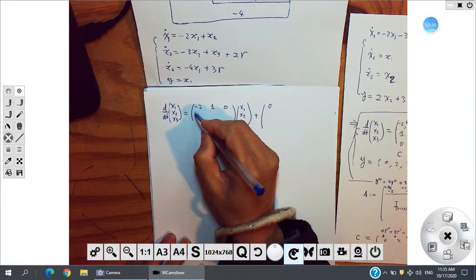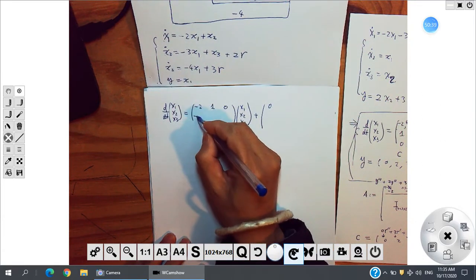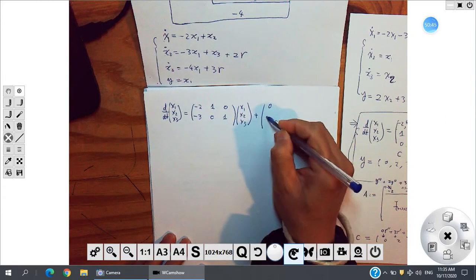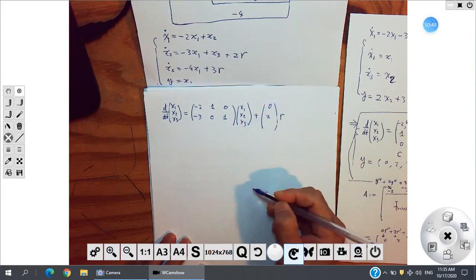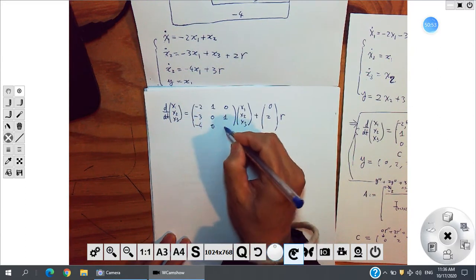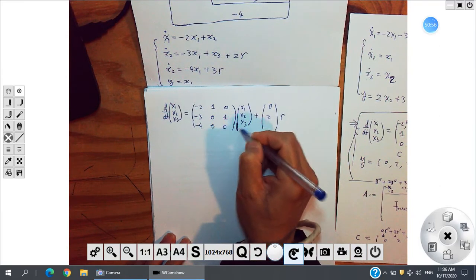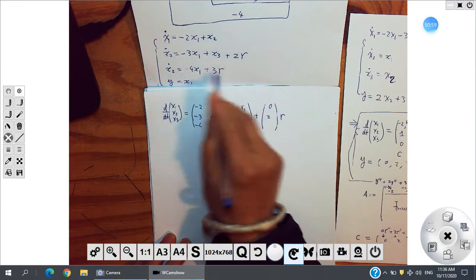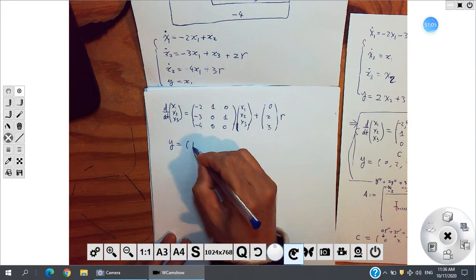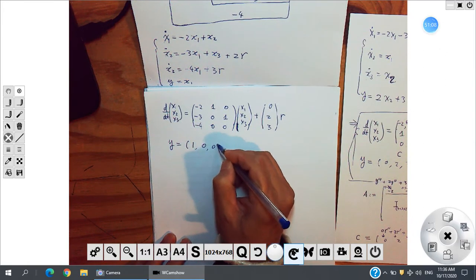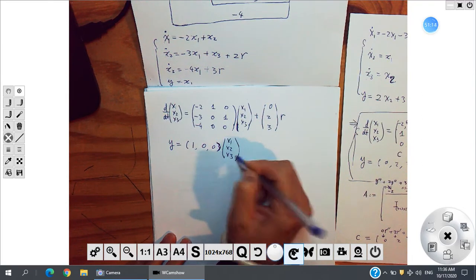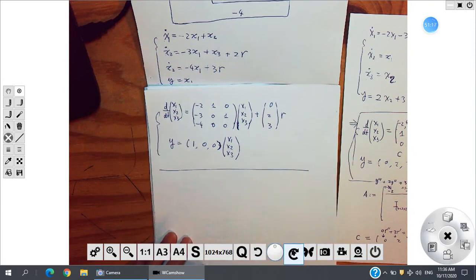And the second line is x2 derivative equal to -3 of x1, no x2, and 1 of x3, and 2 of r. And x3 dot is -4 of x1, no x2, no x3, and 3 of r. Finally, y equals 1 of x1, no x2, no x3. Here's x1, x2, x3. Alright, so we have the result, looks like this.